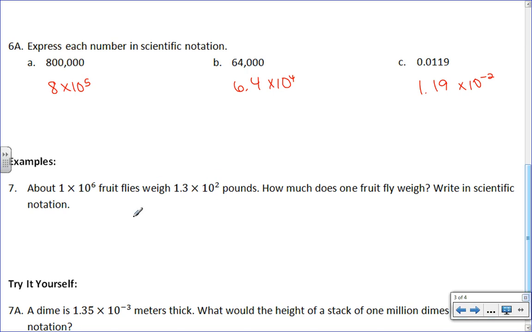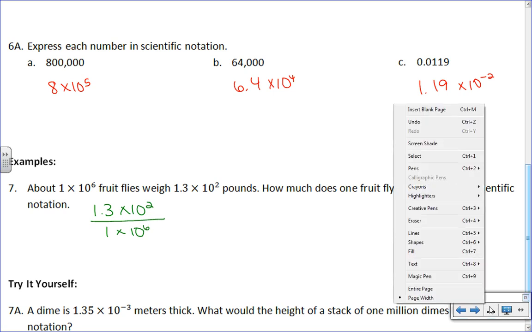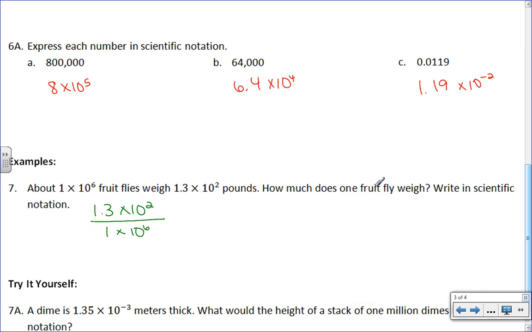We want the total weight of all the fruit flies, 1.3 times 10 squared, divided by the number of fruit flies, 1 times 10 to the 6th. And here's where this will actually be quite easy, because notice this is all multiplication and then separated by division. Well, we can actually group these together. So we're going to divide these, and we're going to divide those.